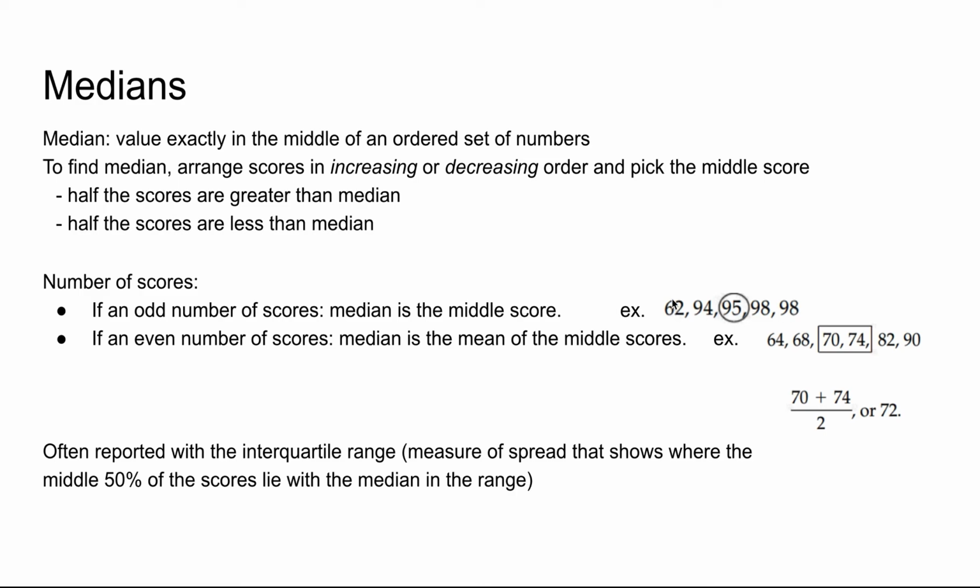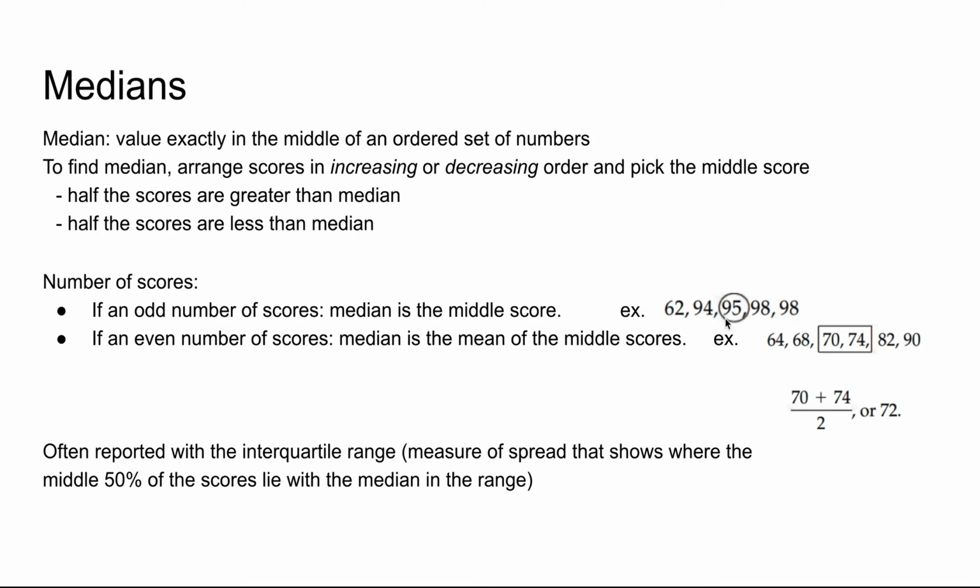And we're gonna see this is not the middle, this is not the middle, this is not the middle, this is not the middle, this is the middle, right? This is the value exactly in the middle of this ordered set of data. So below 95, we know these values are less than the median, and these scores on the other side, their values are greater than the median, right?